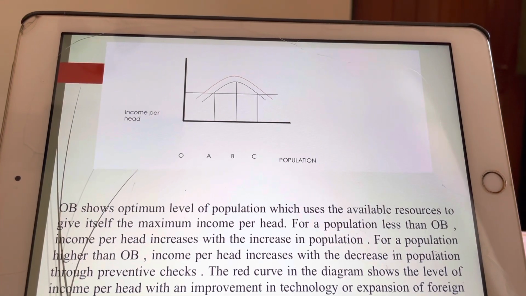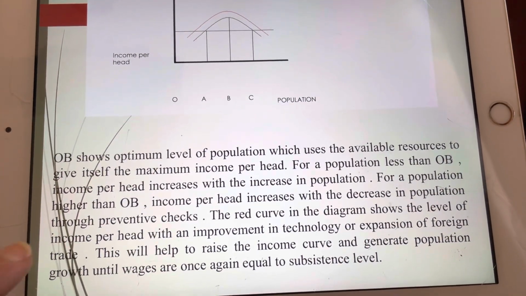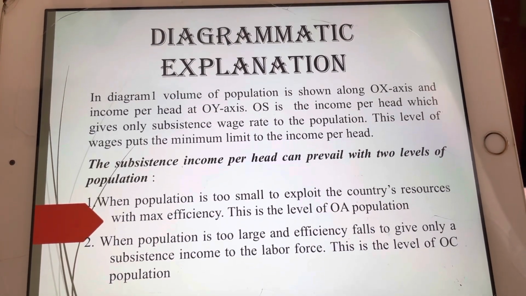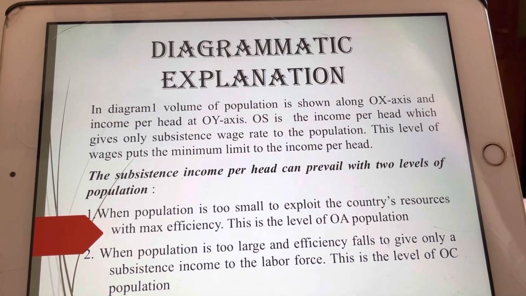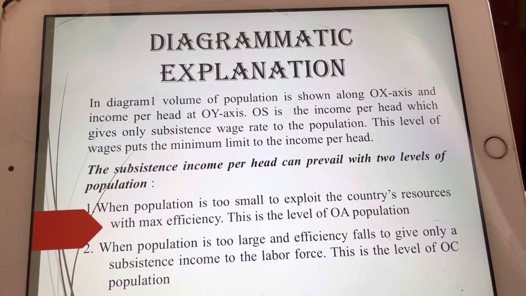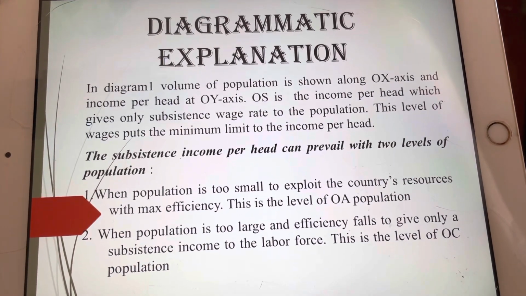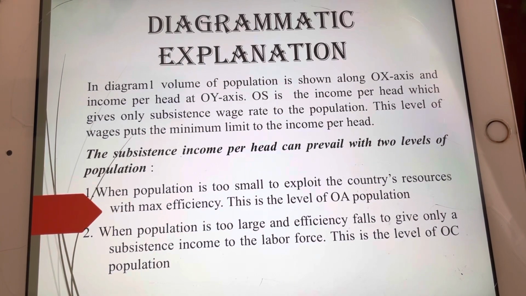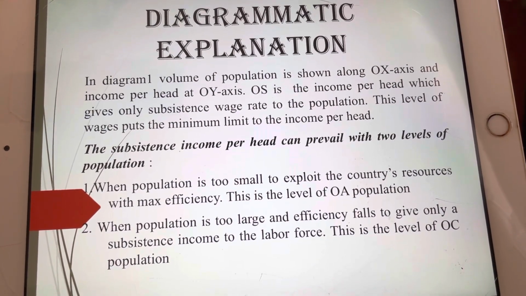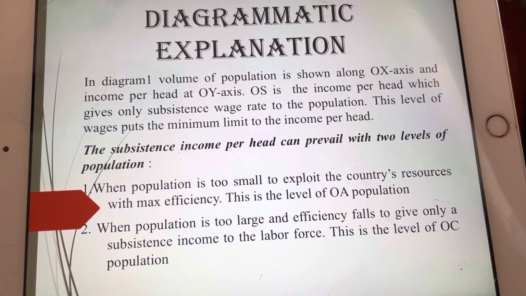So OS is a situation where the population is working at a subsistence rate. The wages given to the population are only at subsistence level, just enough for your livelihood. This level of wages puts the minimum limit to income per head.